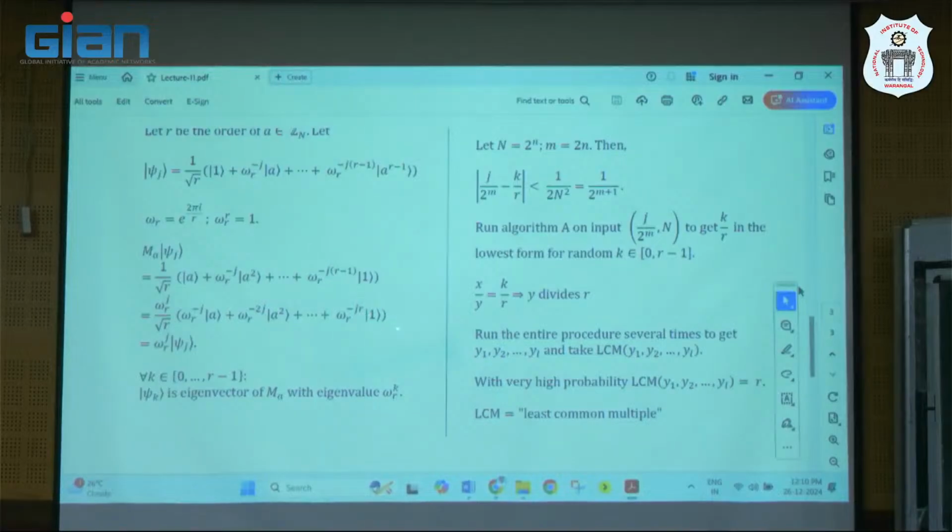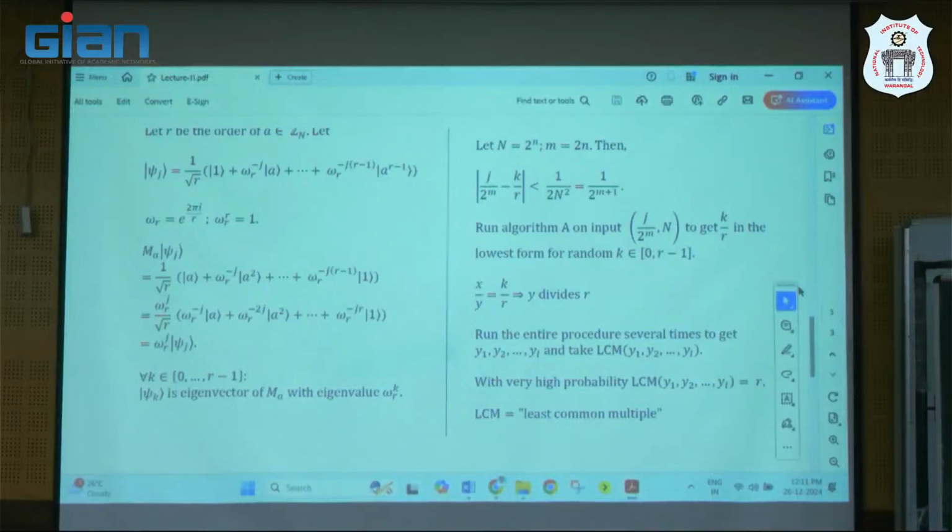You stare at it, omega_r^(-ja), omega_r^(-ja). This whole thing is the same as this whole thing. So this is psi_j essentially, with 1 over square root r, just sitting here. We are using the cyclicity property here. Now you see the connection to Simon's?